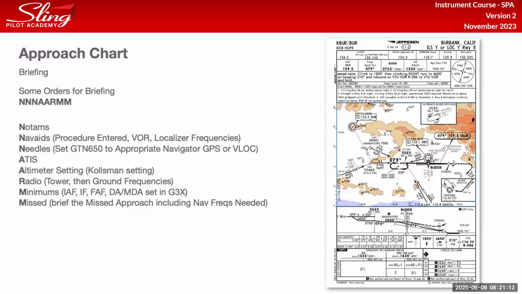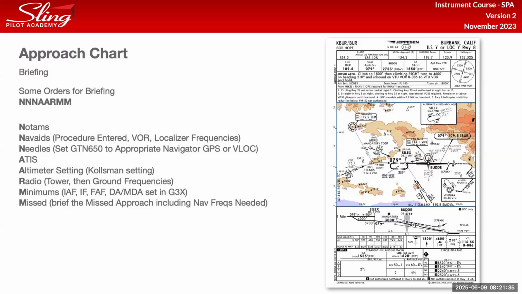Of course, I forget it. I had no idea what you were talking about. Always set and check the course. When you load the approach in your GPS for a ground-based approach, it should automatically set the final approach course for wherever that localizer course should be.